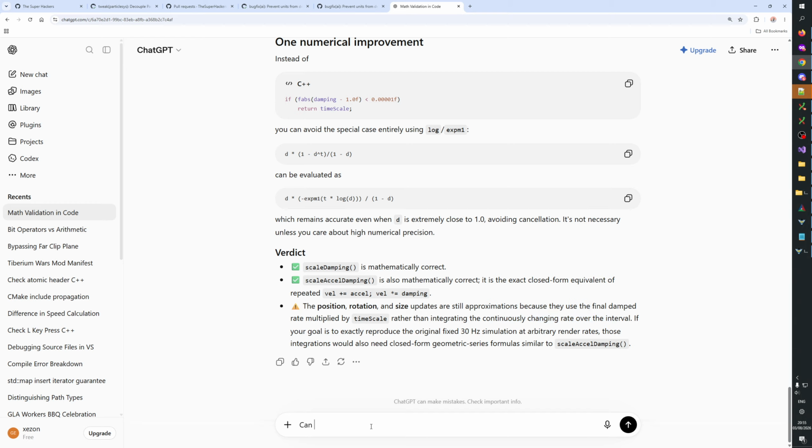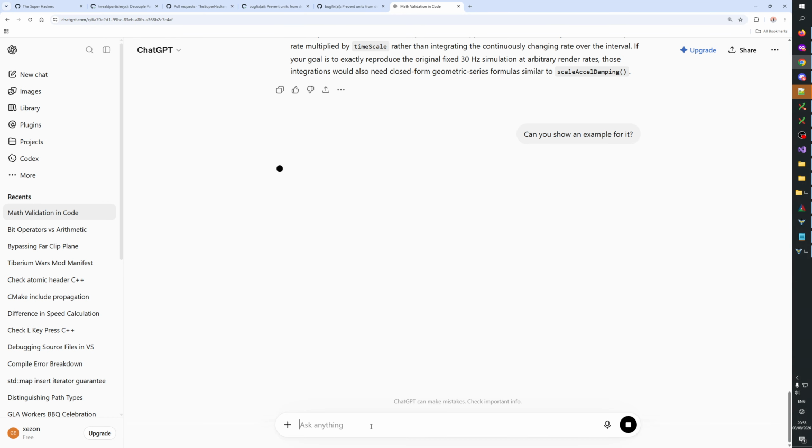Can you show an example? Example for it? Yes. I want to see it in code. Damping, scale, velocity, position.